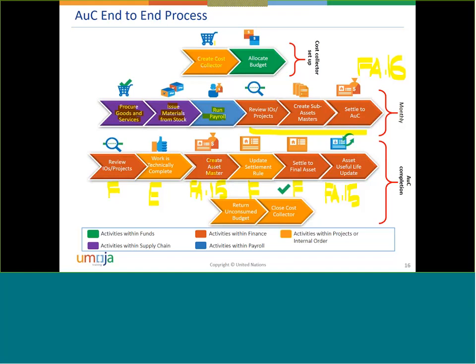We are going to have a big wall around the base, etc. So with the cost collector, you define the structure and the number of assets that you're going to have. This creates in the system a funded program, and then the allocation budget process is the one that enters the budget. So with the creation of the cost collector, you will not have any money available.